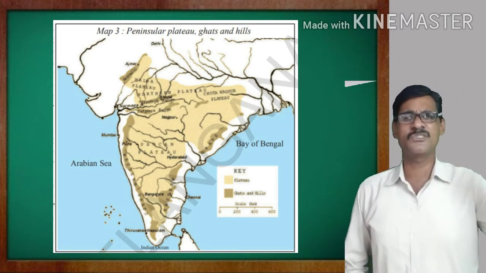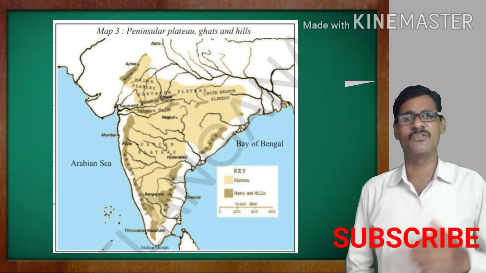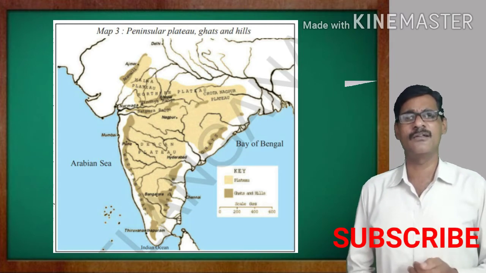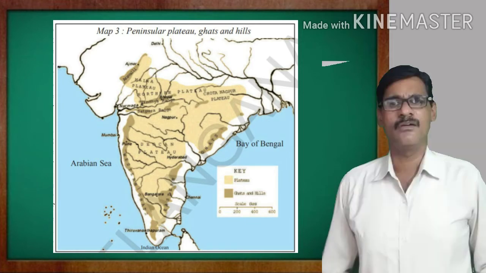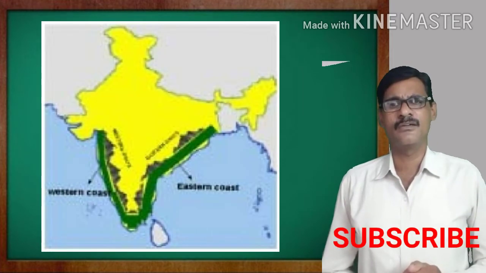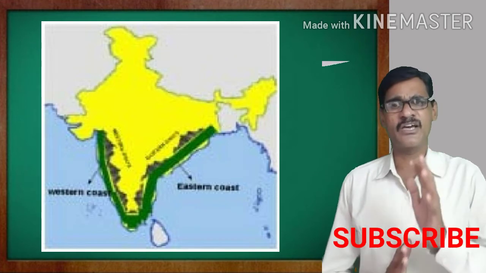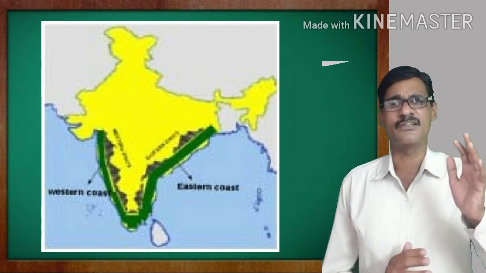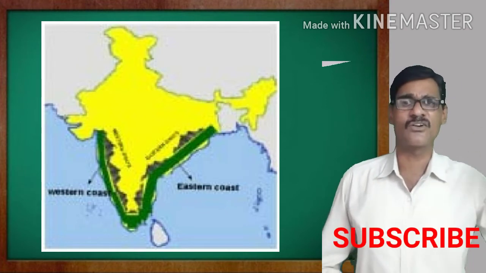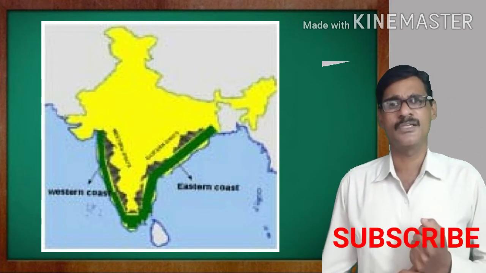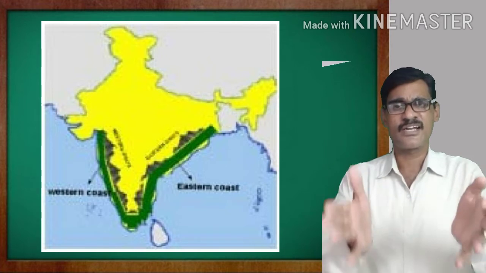In the eastern portion of the Deccan Plateau, we have the Maikal, Mahadev and Kaimur ranges also. Western Ghats are higher in elevation than the Eastern Ghats. Generally, these are continuous.